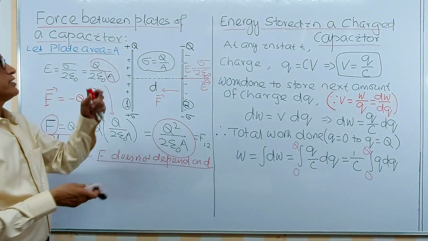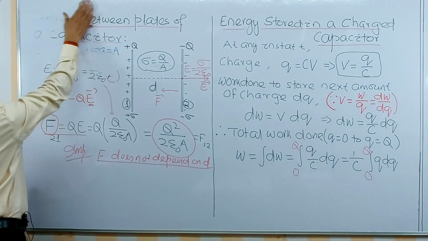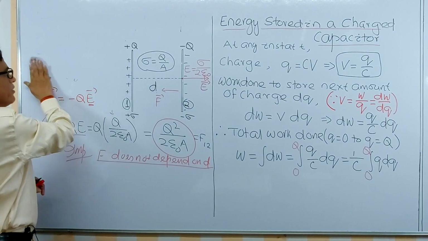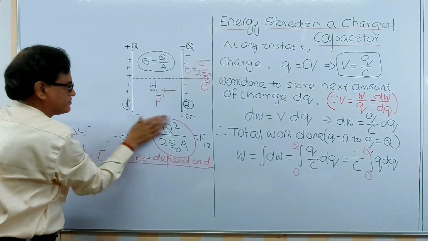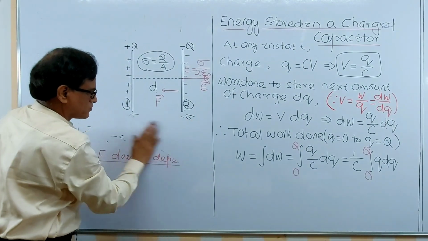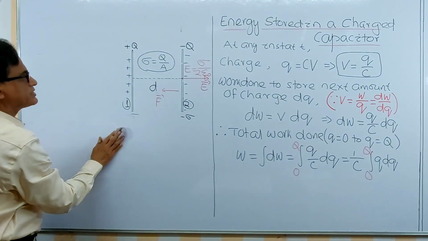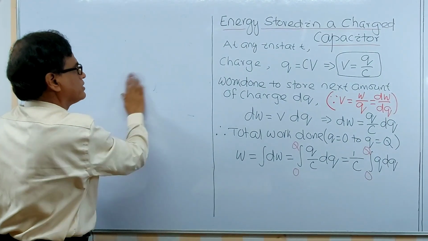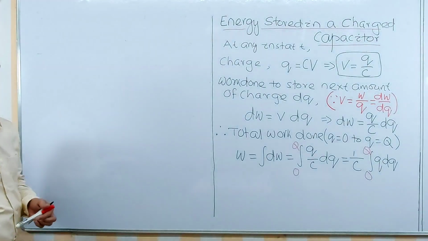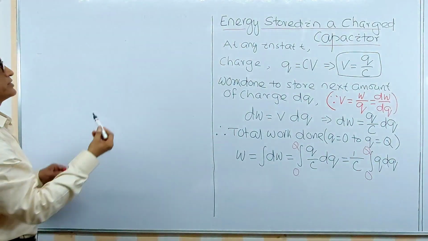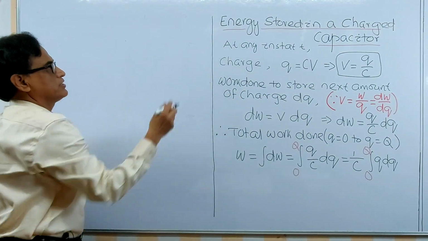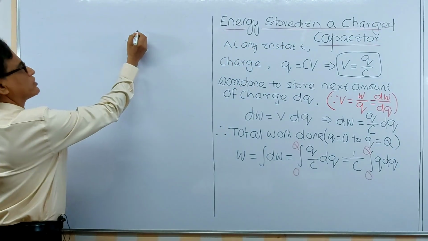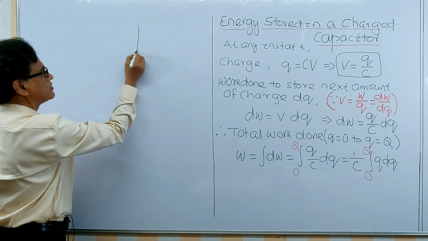Now we will calculate the energy stored in a charged capacitor. Whenever a capacitor is charged, say this is the capacitor, the same capacitor we can consider. Let me consider a capacitor of capacitance C. We will consider a charged capacitor.